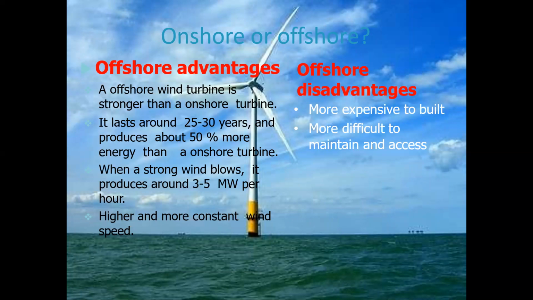When a strong wind blows, it can produce from 3 to 5 megawatts per hour. Higher and more constant wind speed is available on offshore wind turbines. The disadvantages: it's way more expensive to build. The foundation is very hard because it's in the water, and it's difficult to maintain and access.